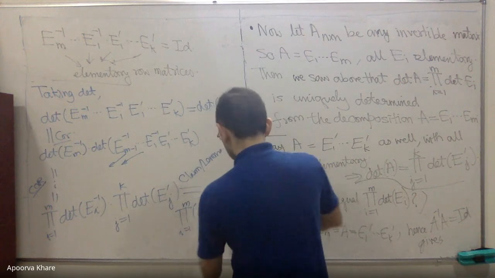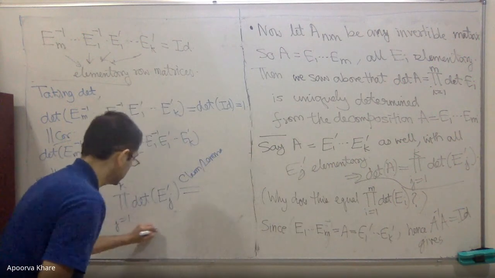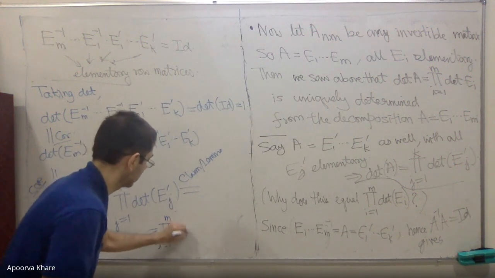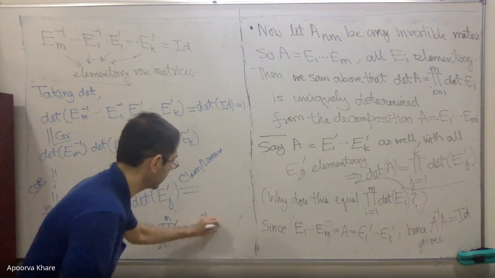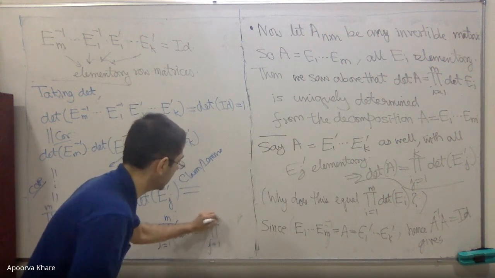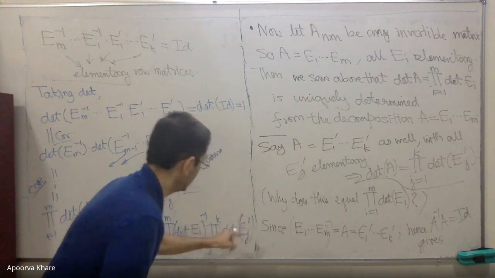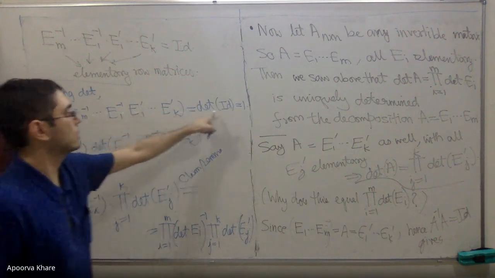Times the product of det Ej equals the product, i goes from 1 to m, of the scalar det Ai inverse, and then times j goes from 1 to k. And this whole product equals 1.